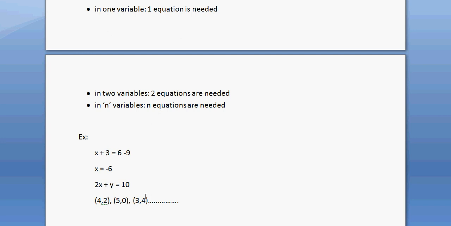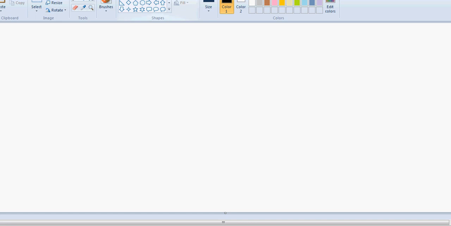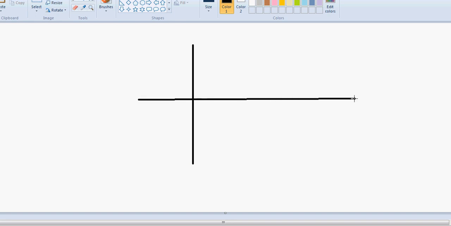Now when we are talking about this, all of us know that this can be plotted on a graph as well. So let's see how we can plot it on a graph. So these are two axes. This is called the x-axis, y-axis, right?